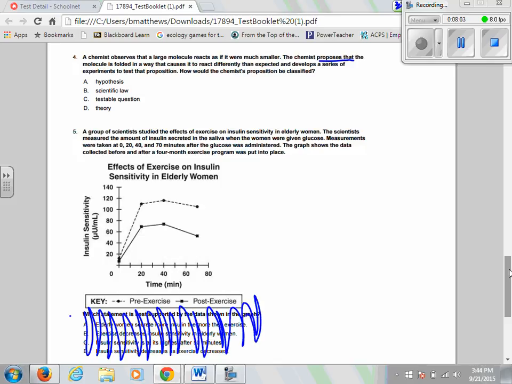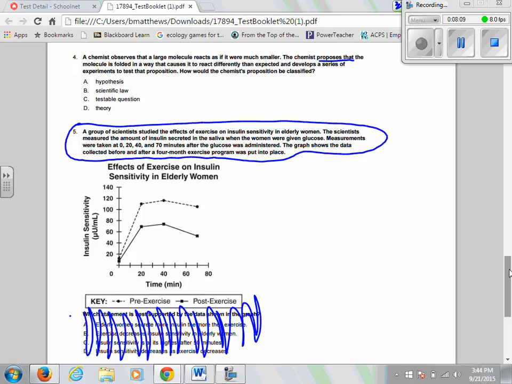And sometimes even the question itself can have a lot of information that isn't needed. So what I want you to do, those of you who got this wrong, is just take a look at this question and say to yourself, what is this graph telling you?